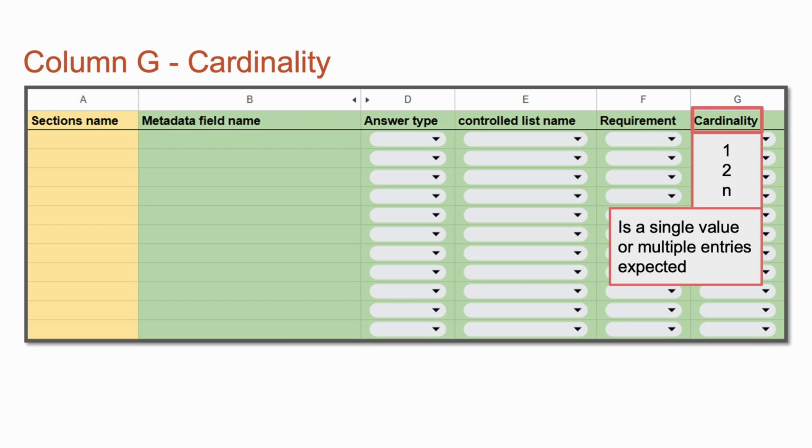For mandatory fields, the cardinality is 1 to 1 or 1 to many. This ensures that at least one answer is provided, but allows the flexibility for more than one when necessary. For example, when a dataset has multiple authors or several relevant keywords.